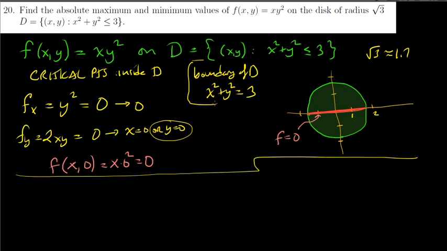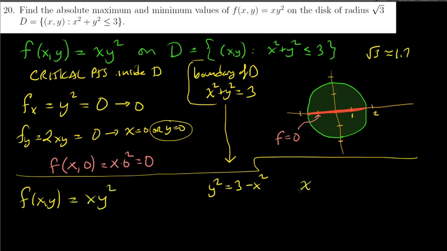The boundary is x squared plus y squared equals 3. The trick here is to solve for y. y squared is just 3 minus x squared. Why didn't I solve for x? Because notice the function f of x, y is x y squared.